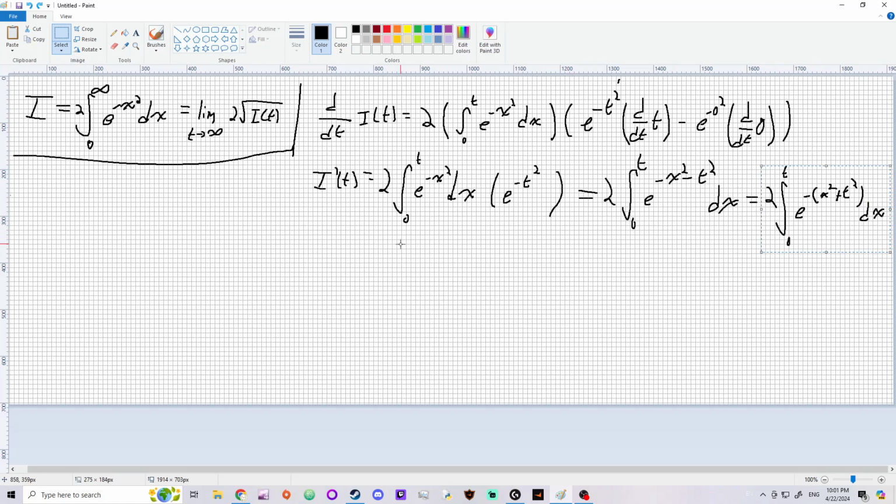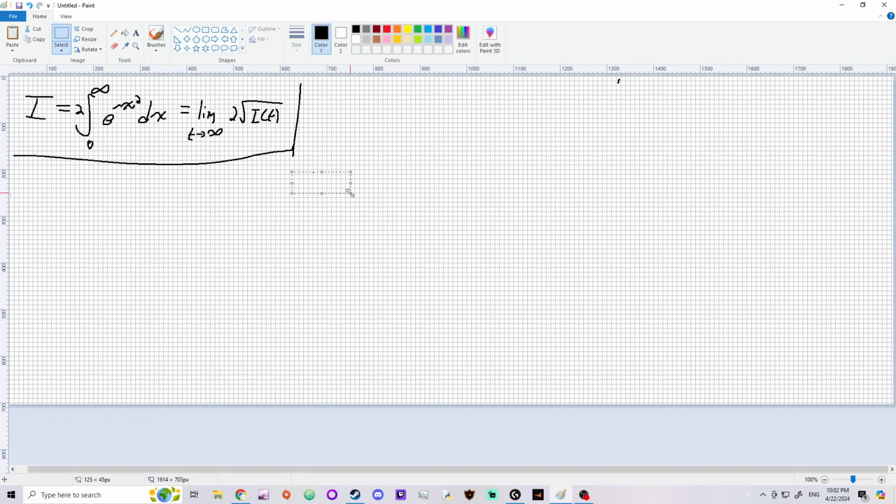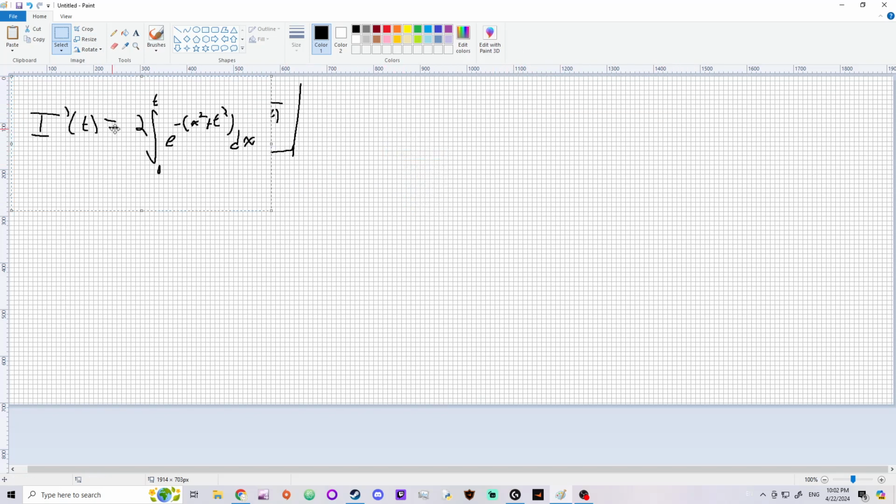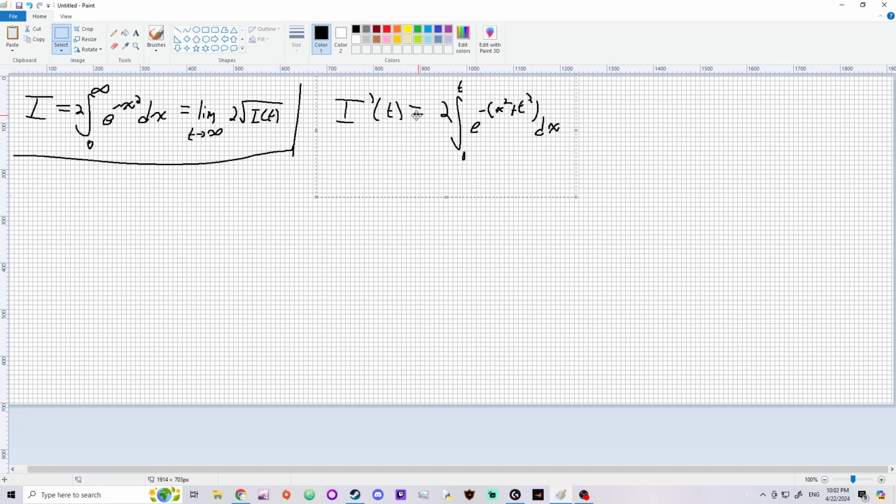I prime of t equals this. Then I'm going to save this whole thing and erase all of this. Paste. Okay, so this is our integral. This is what we have so far.